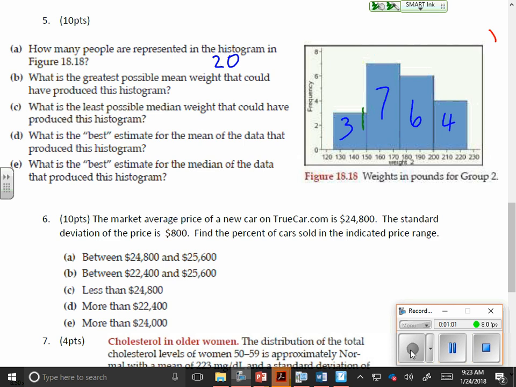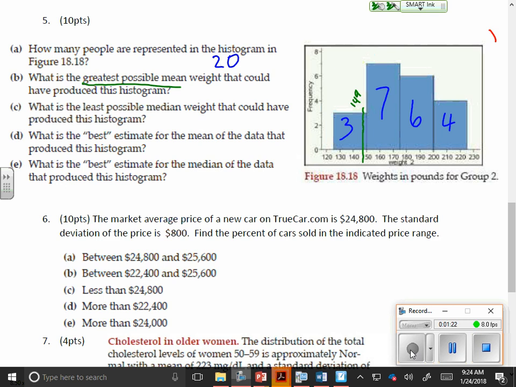It's possible that all of them weighed 149. Yes, it's possible. Not likely. But we're talking about the greatest possible average. So if we want the greatest possible average, then we want all of these people to have the greatest amount of weight within that interval.